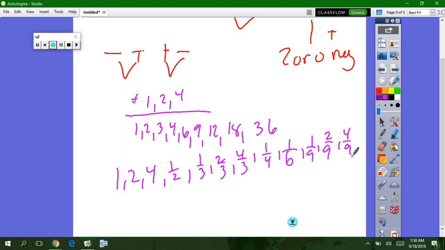Okay. 1 divided by 12. 1/12. 2 divided by 12. 1/6 is already up there. 4 divided by 12. 1/3 is already up there. 1 divided by 18. 1/18. 2 divided by 18. 1/9. 4 divided by 18. 2/9 is already up there, right? 1 divided by 36. 1/36. 2 divided by 36. 1/18. 4 divided by 36.